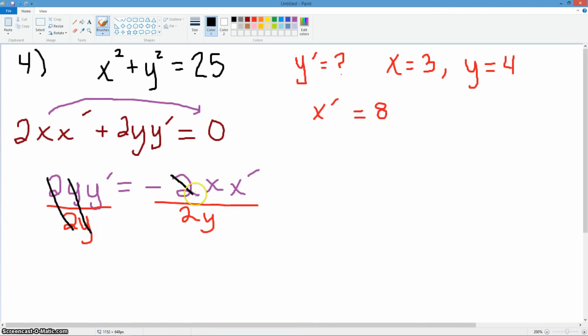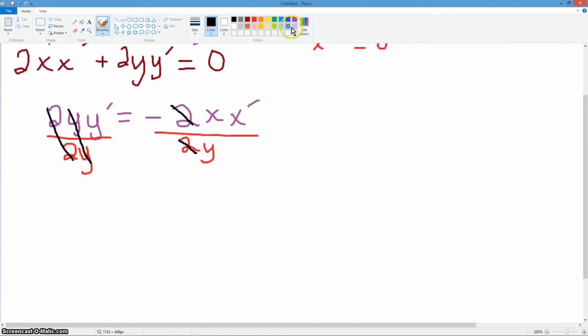In this case, the 2's cancel, still leaving you with this minus, so let's not forget it. So we are going to be left with y prime is equal to negative x prime over y.